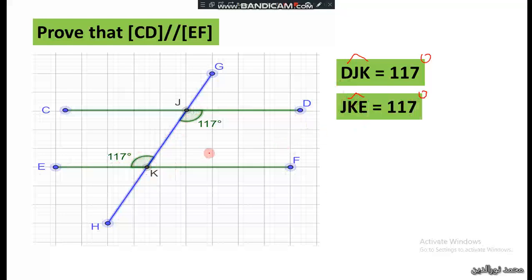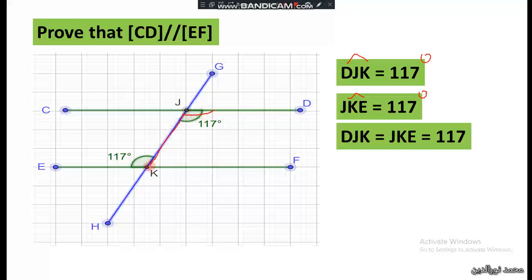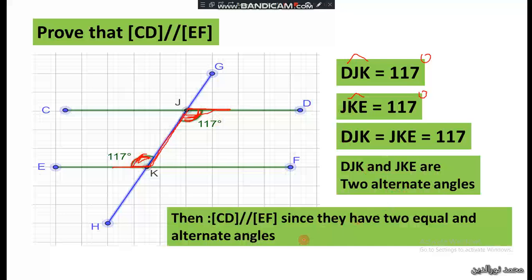As we see, these two angles are alternate, they lie on opposite sides of the secant, to the right of the secant and to the left of the secant, and we could make the Z test for them. So the alternate angles are equal, then the two lines are parallel.